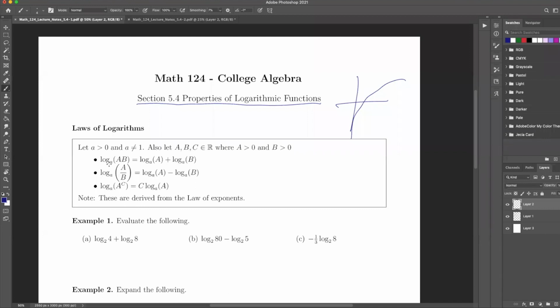Okay, so let's just go over it. If I have log base a of A times B, that's the same thing as log base a of A plus log base a of B. So here I can take multiplication inside the log and split it into addition outside the log. And this comes from the fact that if I add up two exponents, it's the same thing as multiplying them.